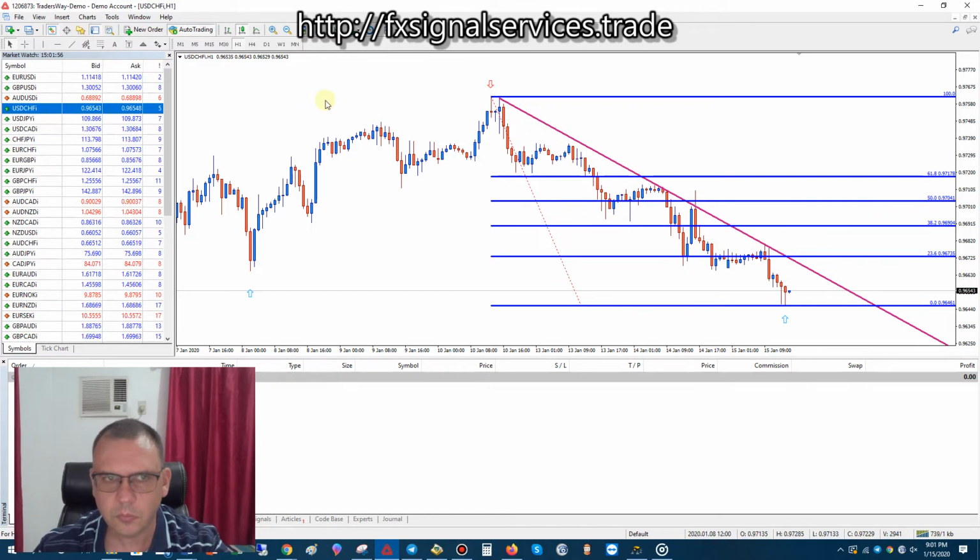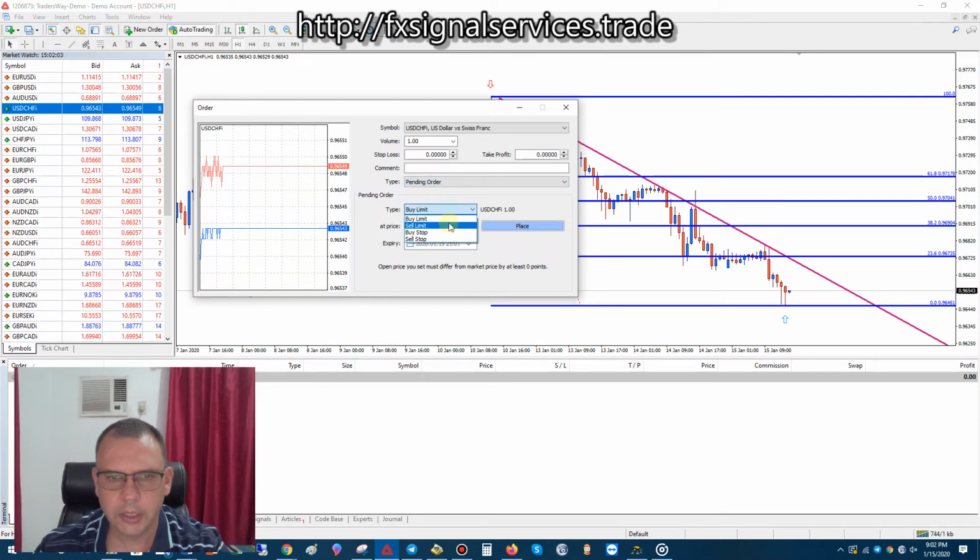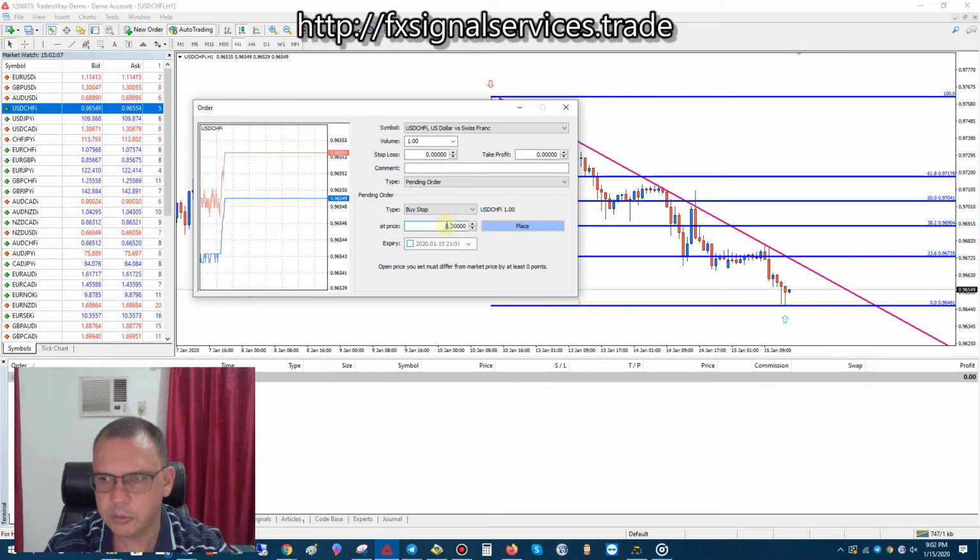All you have to do is come to new order and change this from market execution to pending order, then choose buy stop, and right here at the price put in 0.96, we'll say 750. Maybe 780. I can always readjust it.